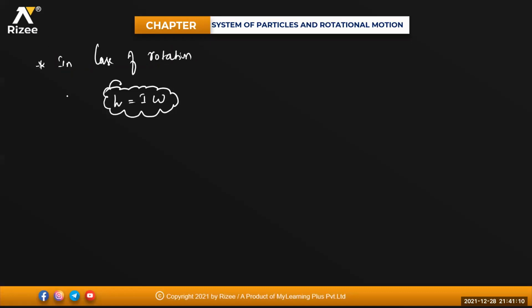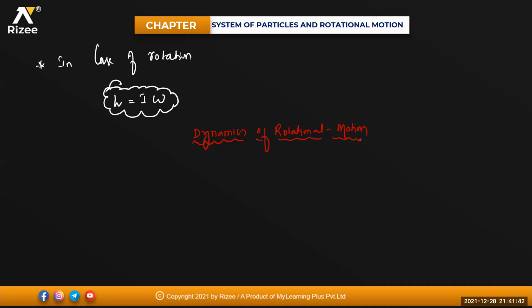Next one, dynamics of rotational motion. Rotation about a fixed axis is directly similar to linear motion in case of kinematics and dynamics.